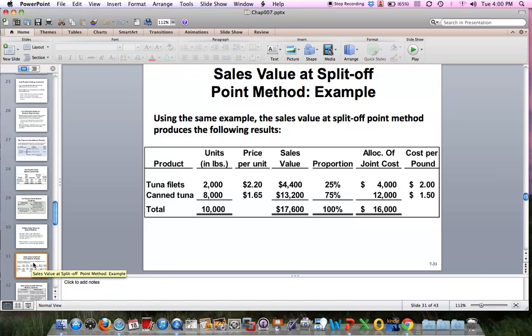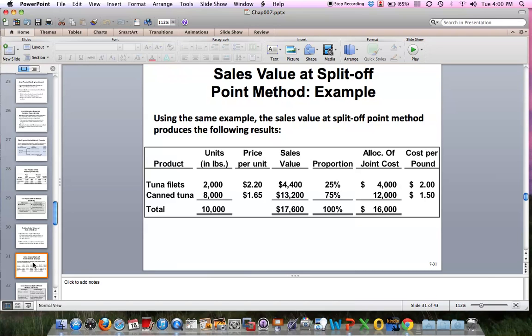So page 243 is where they show us examples of the split off method or the sales value method. They describe the sales value method on the bottom of 242, and what you see on the screen right here is the same thing as Exhibit 7.19 on page 243.